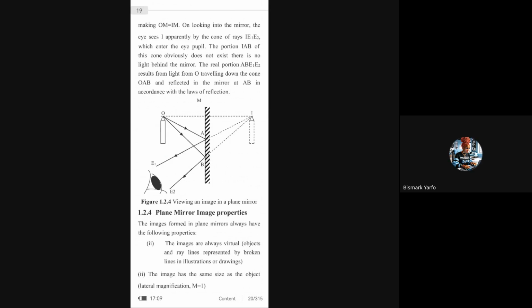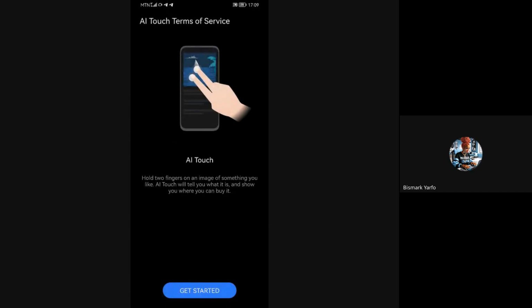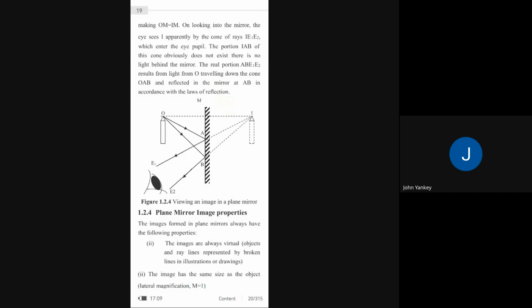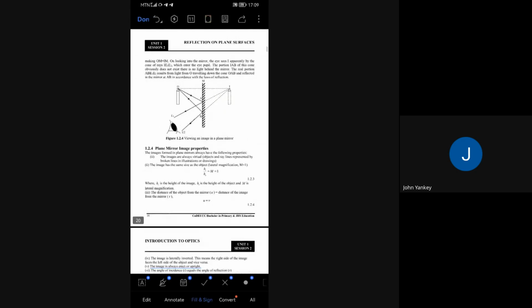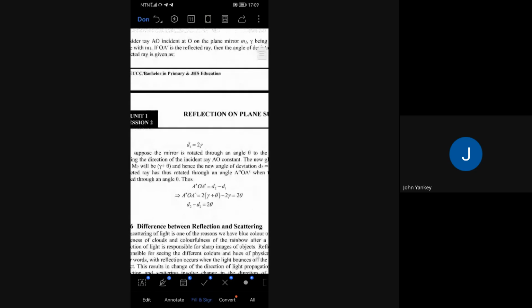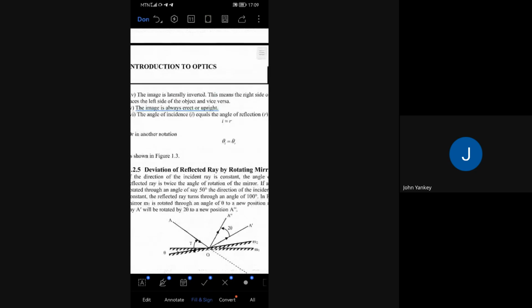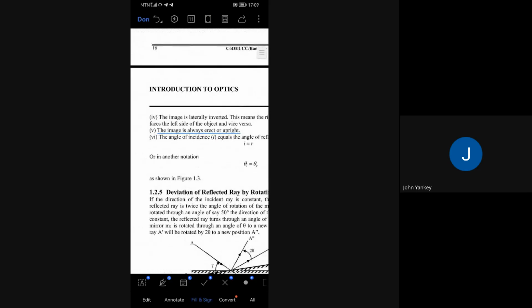So please, can you explain that one again? The meaning of the erect. Okay, so if the head of the object is upwards, the head of the image will also be upwards. If the legs of the object are downwards, the legs of the image will also be downwards.